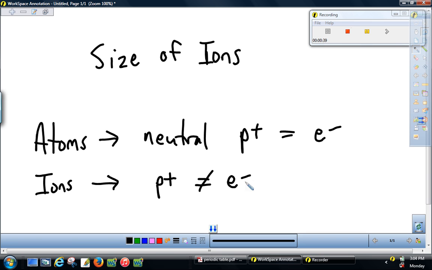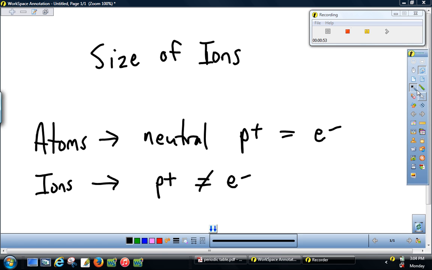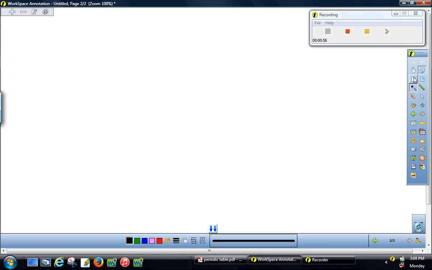Alright, so let's take a look at what happens if something gains an electron and what happens if something loses an electron. How does that affect their size? So here we go. Let's take a look at magnesium.